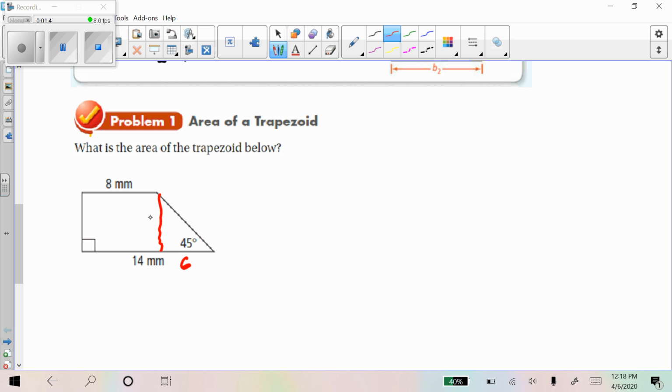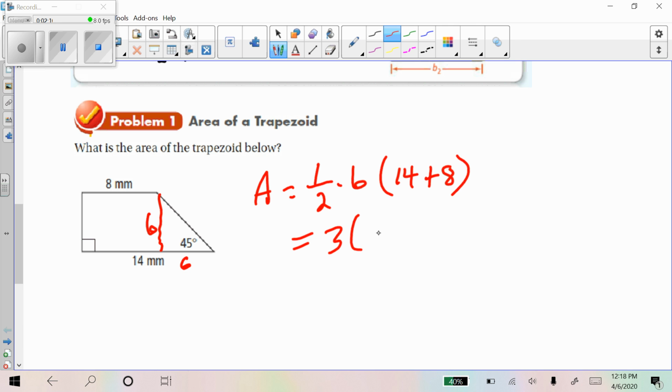And since it's a 45, 45, 90, this would also be 6. And so now I can do my formula. The area is 1/2 times the height times the sum of the bases. And that equals 3 times 22, which is 66 square millimeters.